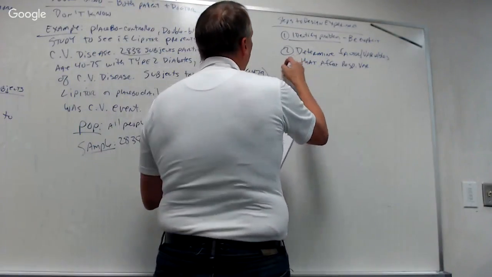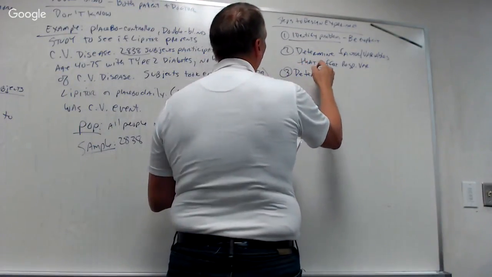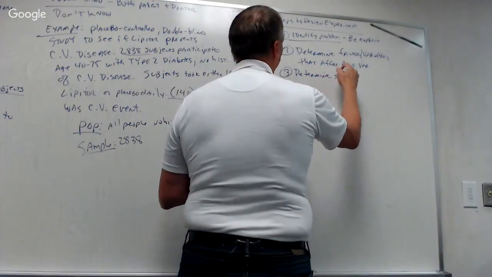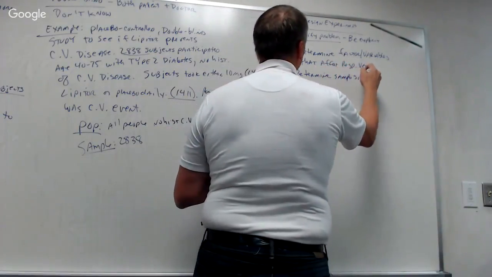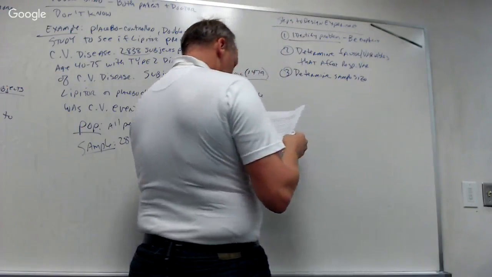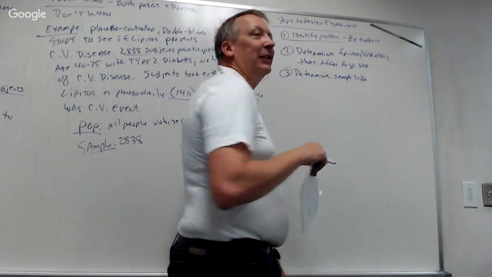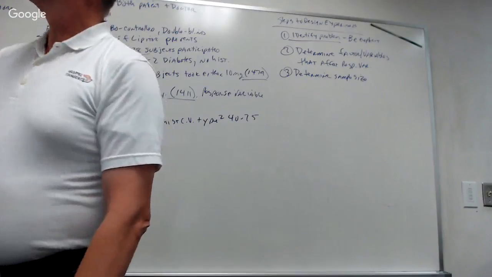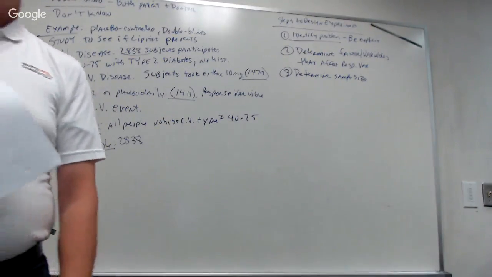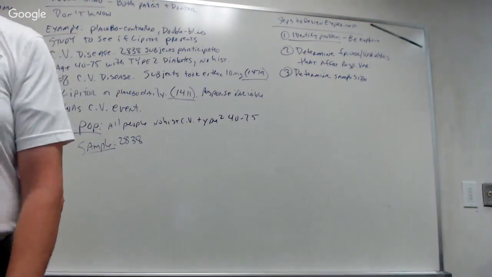Number 3, determine the sample size. In the book, they call it experimental units. I will never talk about experimental units after this section. It will always be sample size.